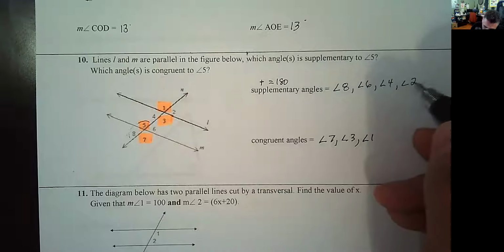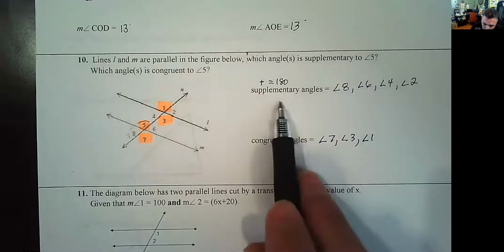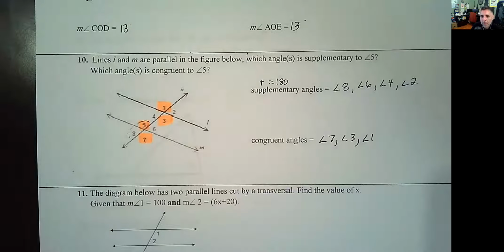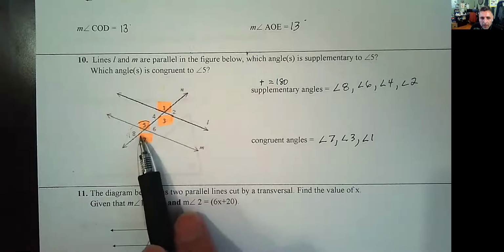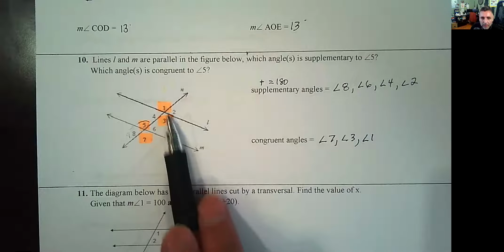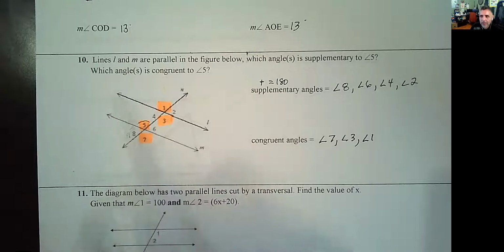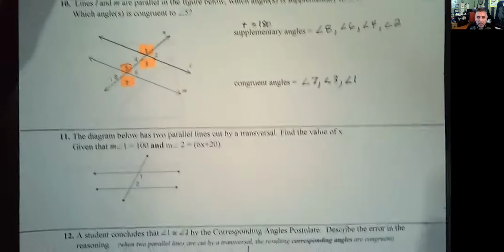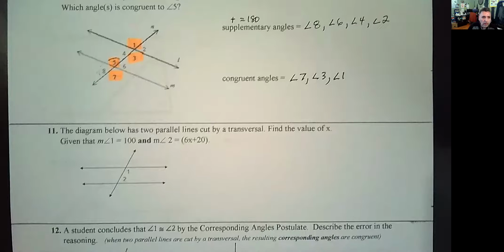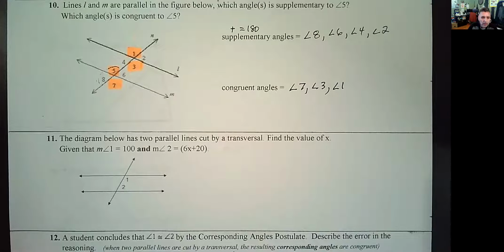So all of these angles are supplementary to angle 5. If you draw this diagram, just make sure you know these are the ones that are congruent. Anything else will be supplementary to 5. And I'm going to leave this up here a little bit.